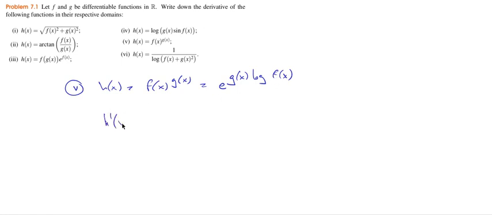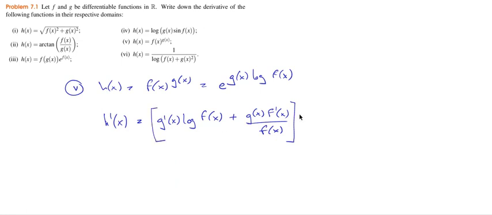Now the derivative of this is the derivative of the exponent, so this is g prime times the logarithm of f, plus g times f prime divided by f, which is the derivative of the logarithm. All of this multiplies e to the g logarithm of f, which you could rewrite as f to the g.